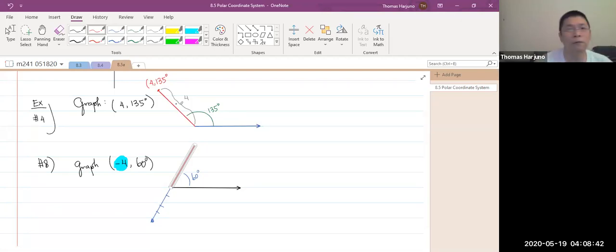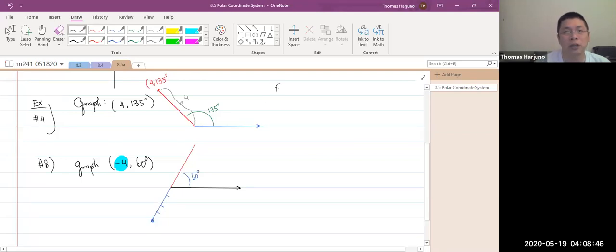Now, how do we convert this into the rectangular coordinate system? If I need to convert it to rectangular, then for number 4, my x will be 4 cosine 135 degrees, and my y will be 4 sine 135 degrees.